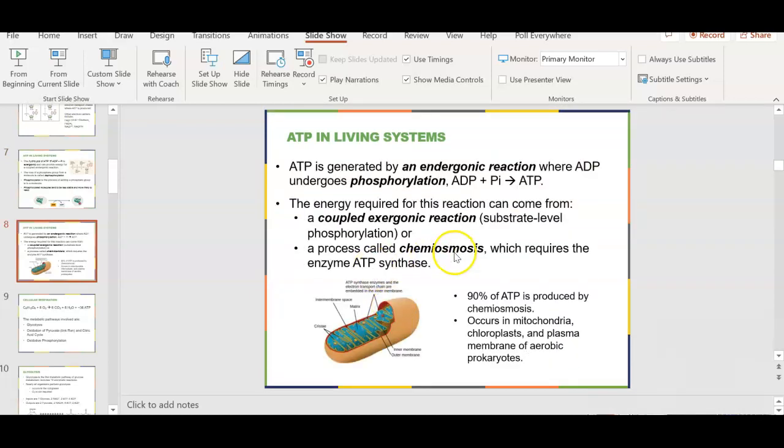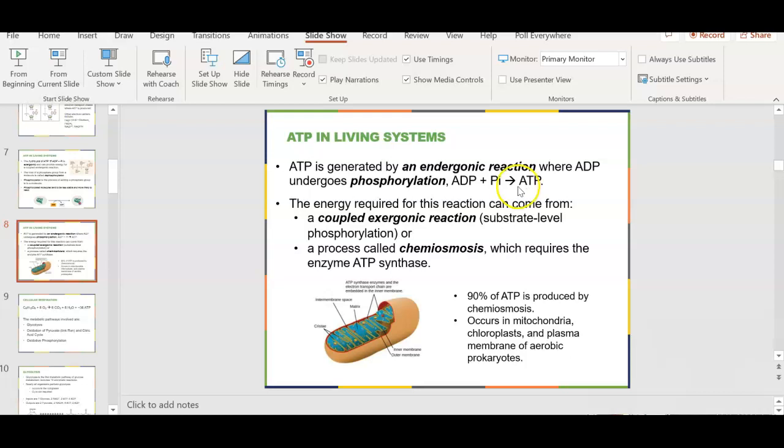Now, how ATP is generated is really the big topic of cellular respiration. ATP has to be made because it's always being used, so it has to be regenerated. Where there's ADP, a phosphate group can be added to ADP to form ATP. But this is an endergonic reaction, which is a little strange, because we're trying to generate this molecule of energy, but in order to do it, it's going to take some energy.